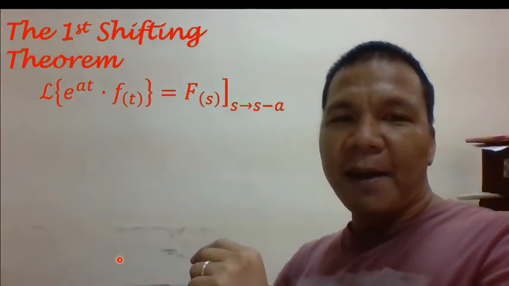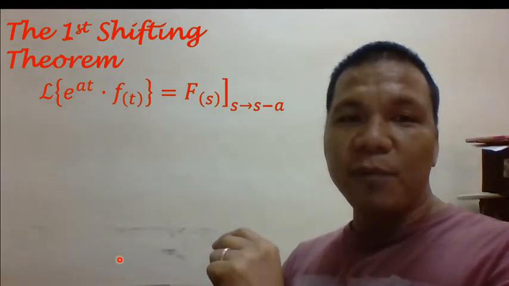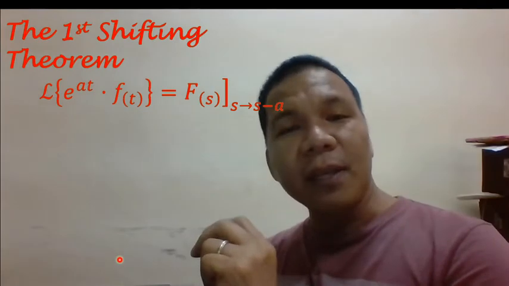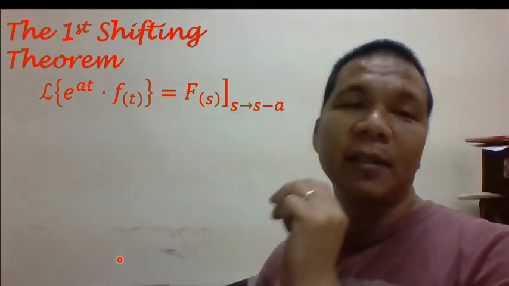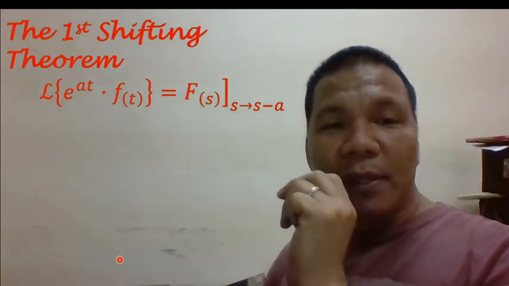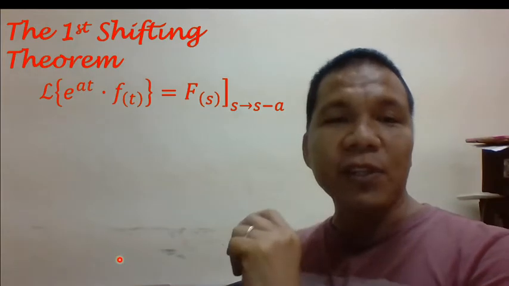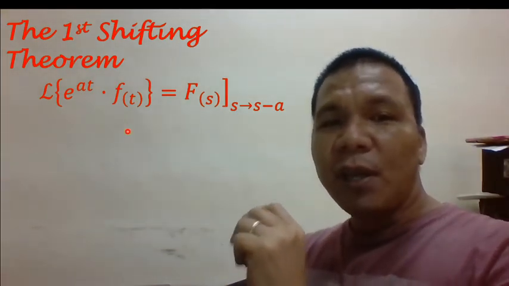Now, let's have another theorem to discuss. This time we are going to discuss the first shifting theorem. I'm not here to advise you to shift course, but rather to discuss what the first shifting theorem is. It is defined mathematically by this equation.